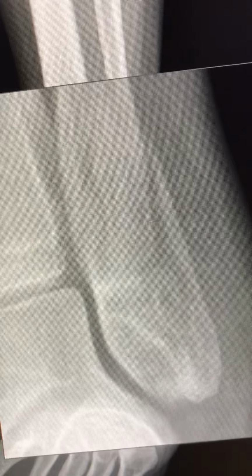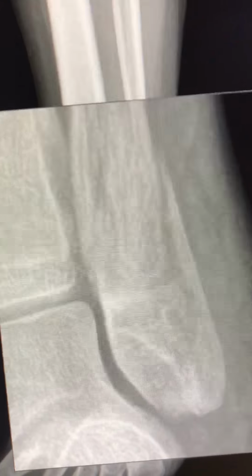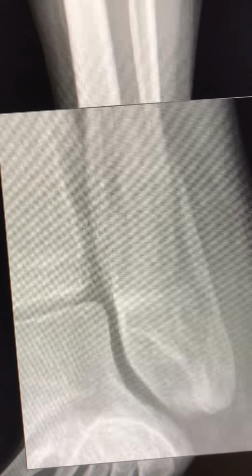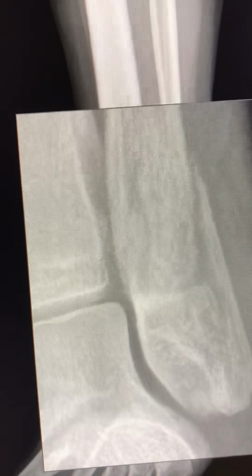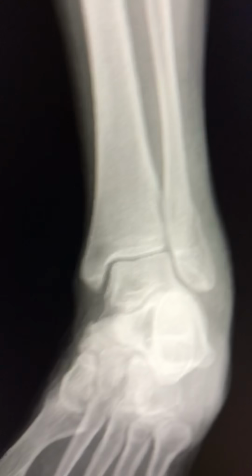Now we can see the fragmentation, the comminution of that fibula, rather than just a spike and one oblique or spiral fracture that was seen before. So we can see it's a couple of fragments of that fibula, which is the outside bone. So let's see what we did.